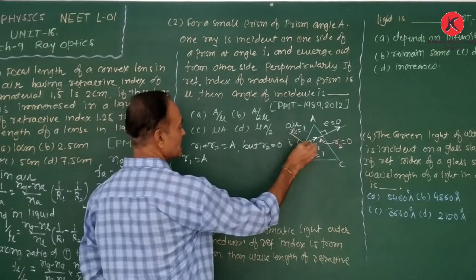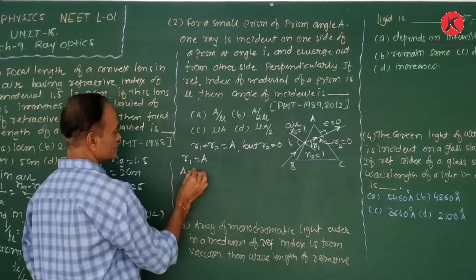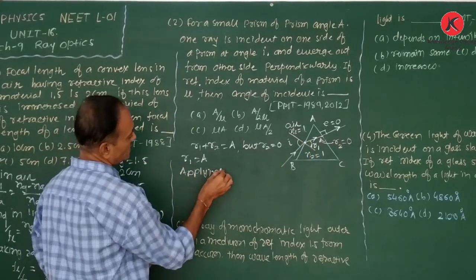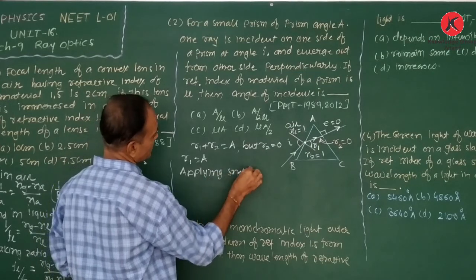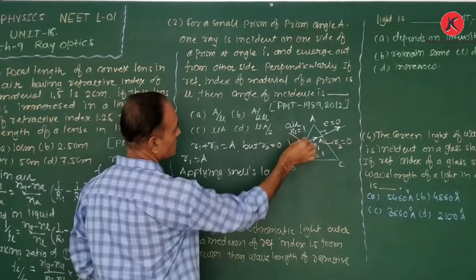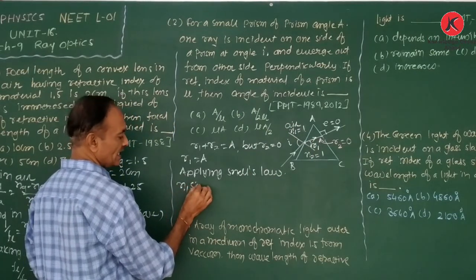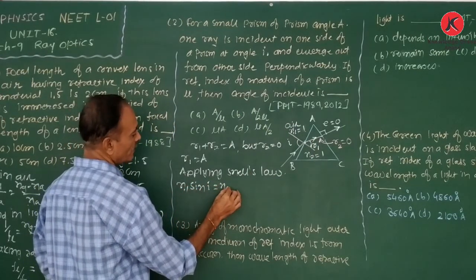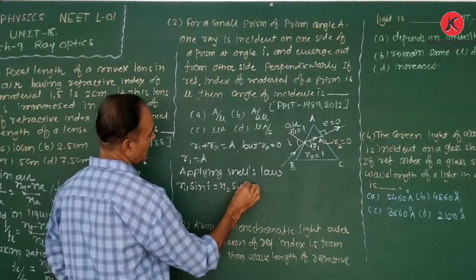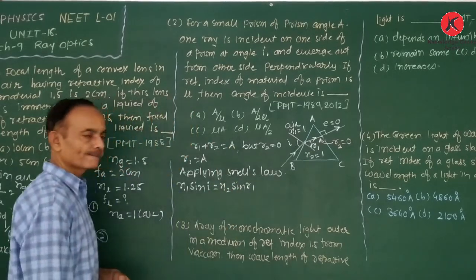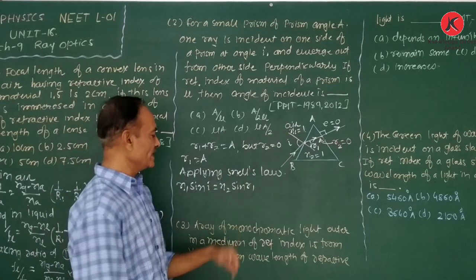Now, applying Snell's law at this point. Therefore, N1 sine I is equal to N2 sine R1. N1 is 1 for air medium.